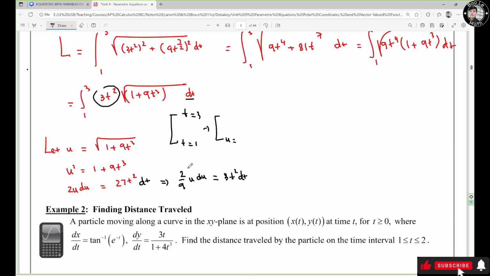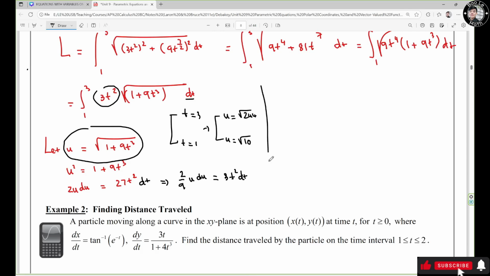For the new bounds, substitute 1 for t, so u equals the square root of 10. Now substitute 3: 27 times 9 is 243, plus 1 is 244, so u equals the square root of 244.